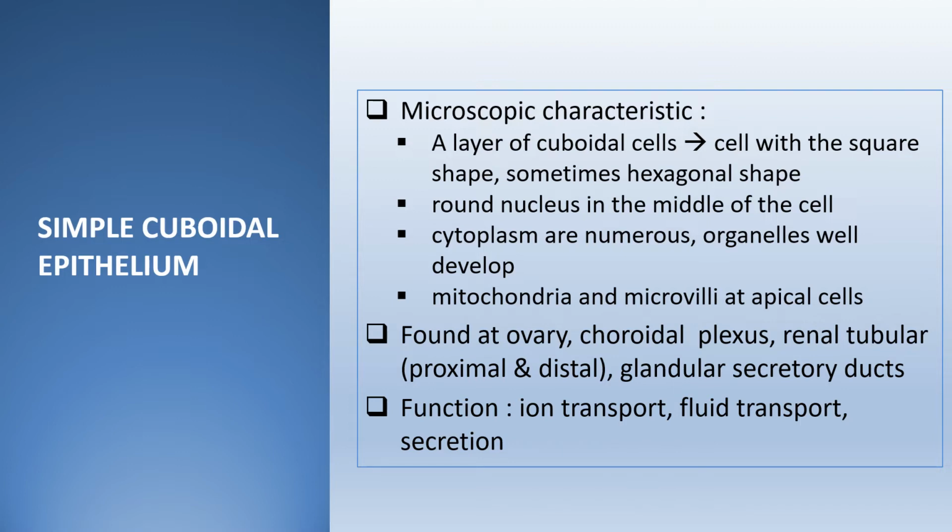There are mitochondria and microvilli at the apical of the cell. Simple cuboidal epithelium can be found at the ovary, choroid plexus, renal tubules such as proximal and distal tubules, and glandular secretory ducts. The function of the simple cuboidal epithelium is ion transport, fluid transport, and secretion.